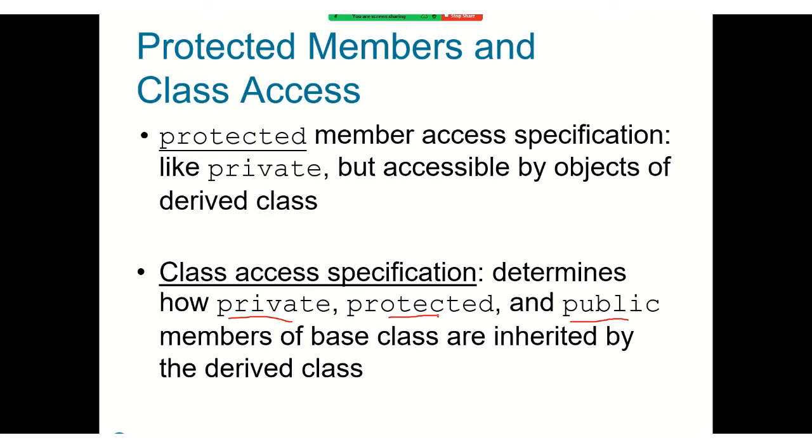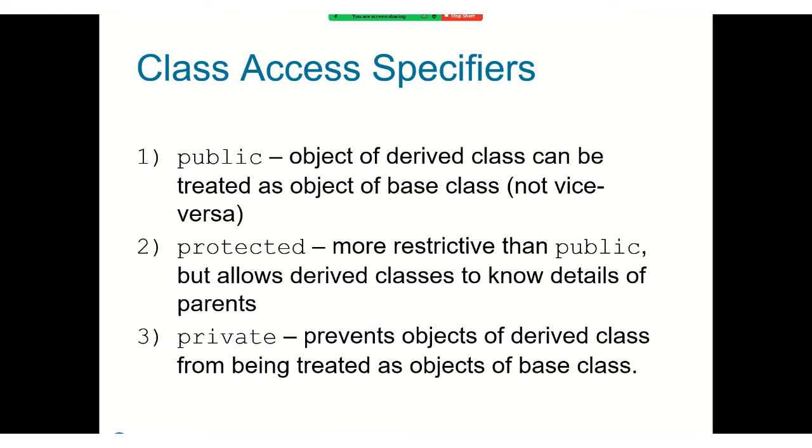You cannot use that object to access the protected variable, but the protected variable can be accessed from the inherited class or the derived class. We'll see that. So basically we ended up with three different access specifications: public, private, and protected.